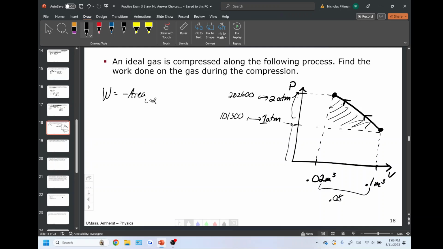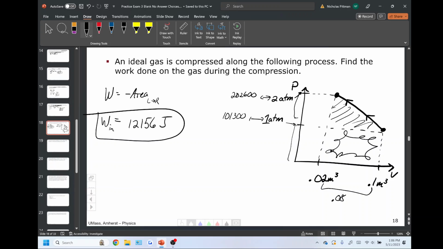So the triangle has area 1/2 base, so 0.5 times the base, which is 0.08, times the height, which is 101,300. And I'm going to add on the area of this rectangle, which is just base times height. So 0.08 times 101,300. And I get the work done is 12156 joules.